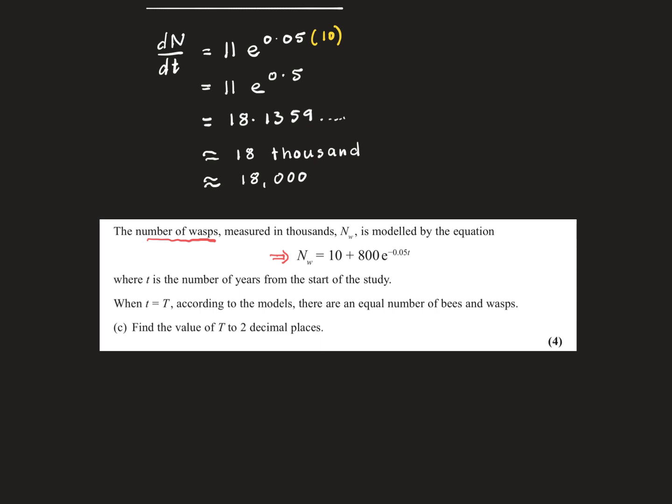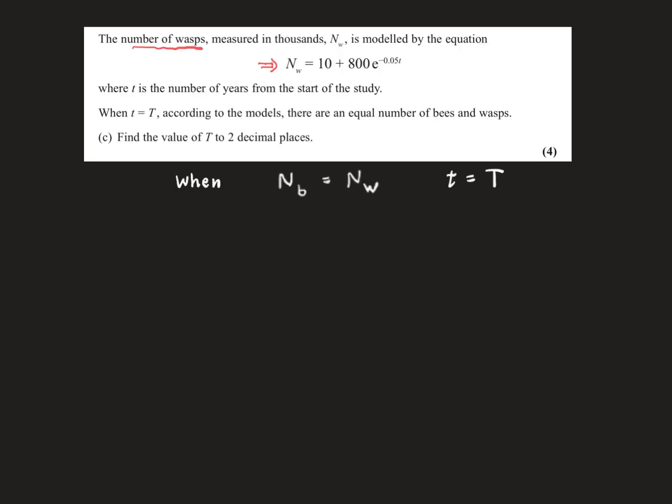That means we need to equate the 2 equations and find what the capital T is. So when we equate them at that intersection, we will find the answer to our equal number of bees and wasps.